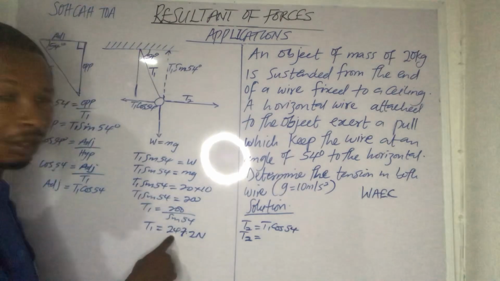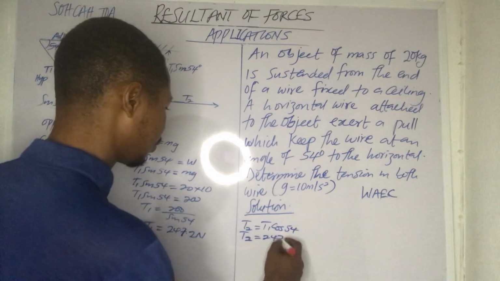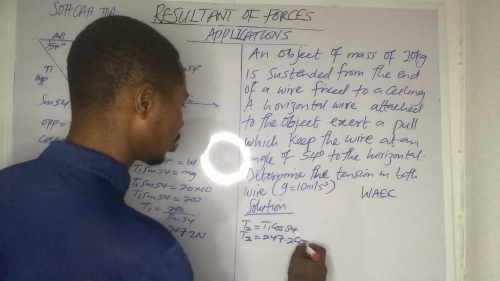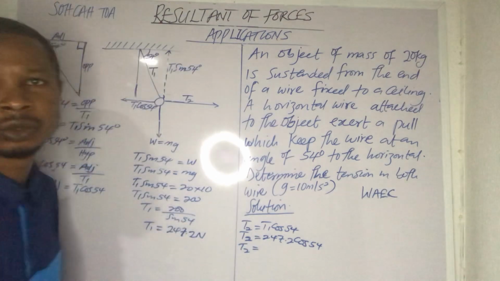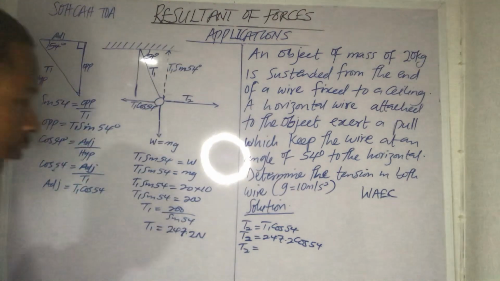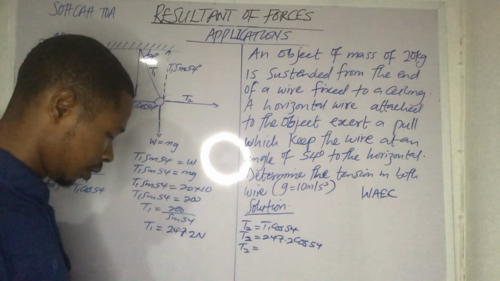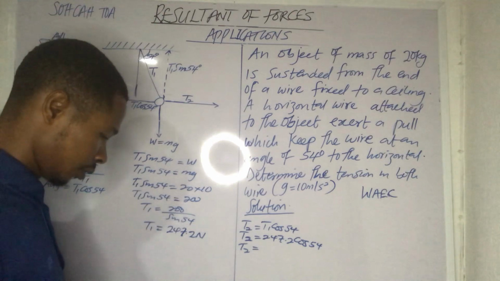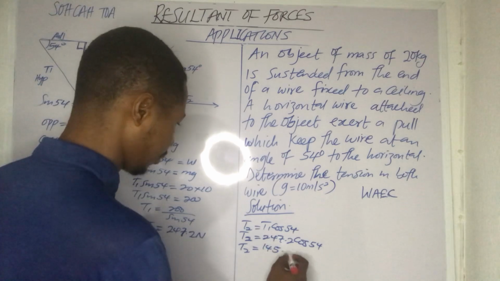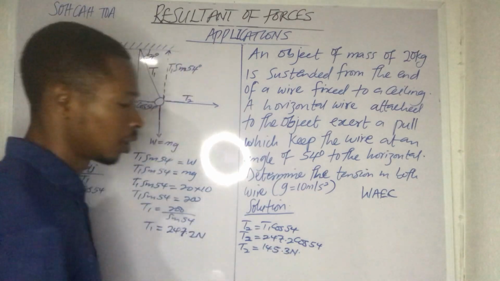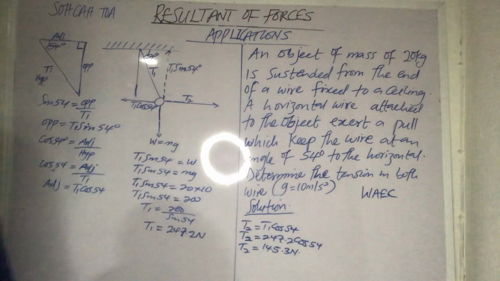My T1 is now 247.2. So T2 should be equal to 247.2 cos 54 degrees. That will give me 145.3 Newton.